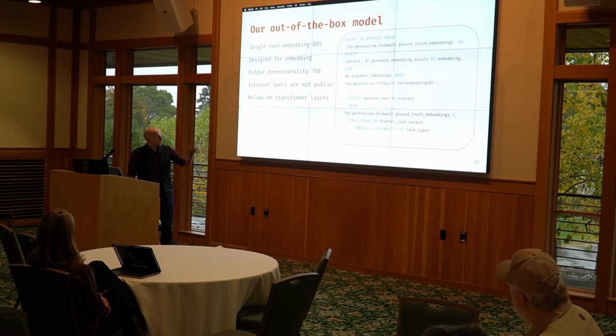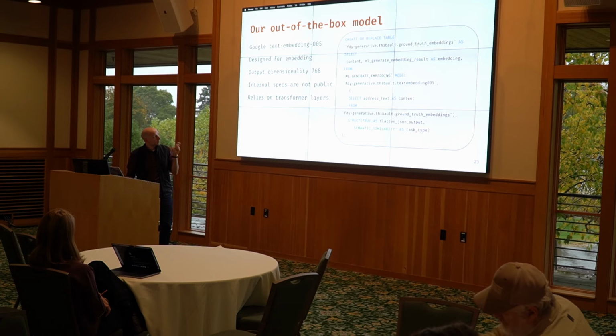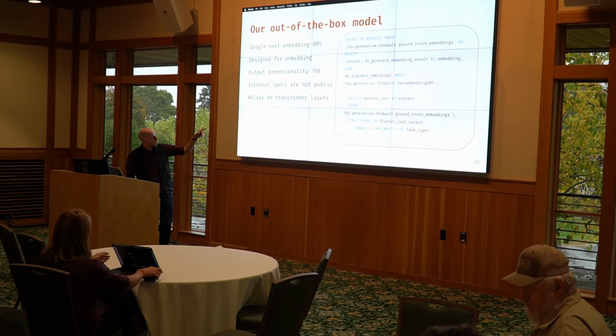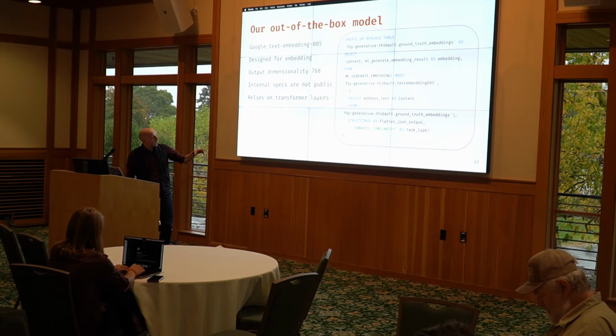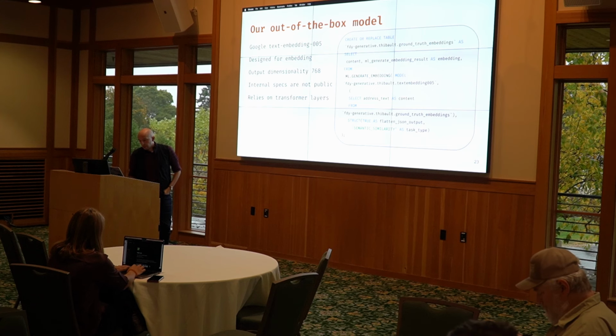So you can create a query that looks like SQL but has a few specific functions like ML.GENERATE_EMBEDDING, where you specify which model you want to use for that embedding, which field you want to embed, and what task you're trying to get that model to perform. In our case, we're looking at semantic similarity.